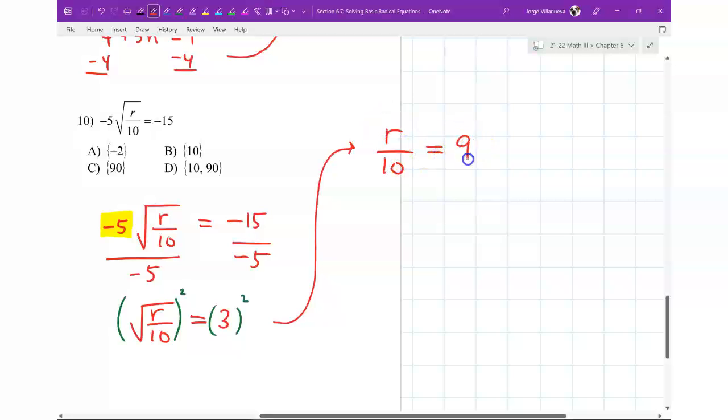And 3 squared is 9. What do I do to both sides to solve for r? Multiply 10 times 9, so r is equal to 90. And there's your answer. This is what your homework is like, guys.